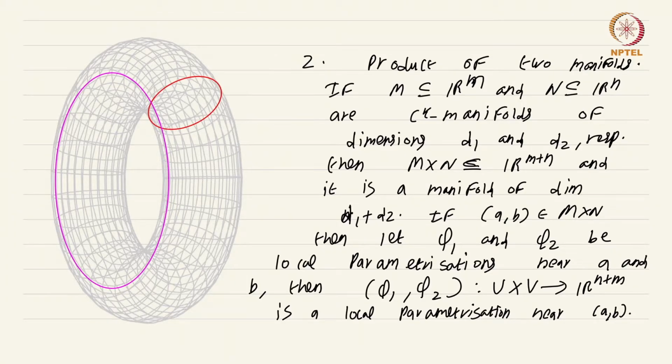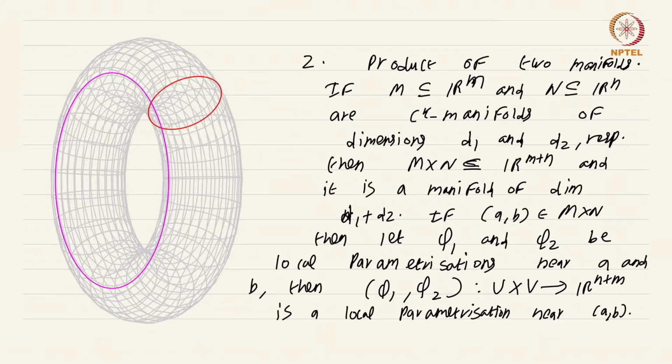Okay, so you just take two parameterizations and just sort of take their product, and you will get a parameterization of the product manifold. So it immediately follows that this product of two manifolds is a manifold.